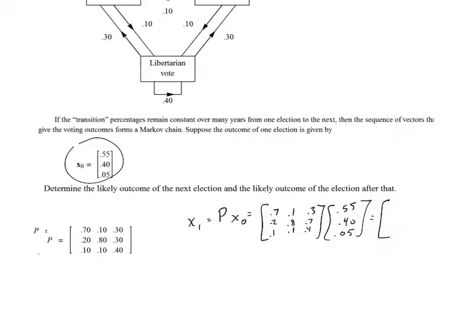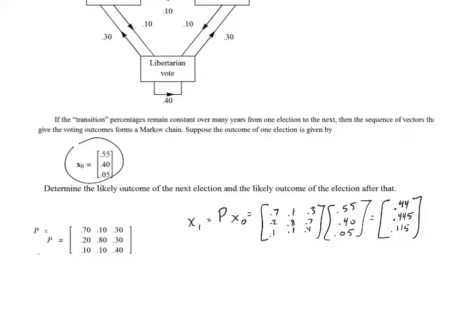And again, if you type that into your calculator, you get 0.44, 0.445, and 0.115. So the Libertarian percentage of the population increased significantly, more than doubled. The Republican part of the population increased by 4.5%. And then the Democratic part of the population lost a lot, about 11%.